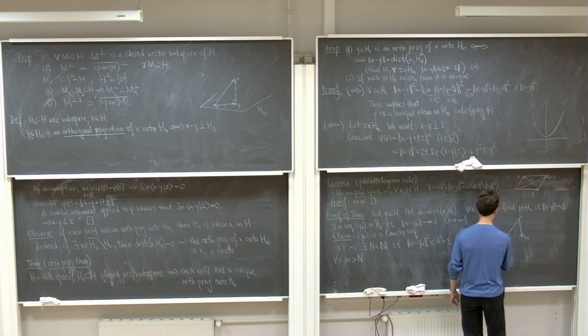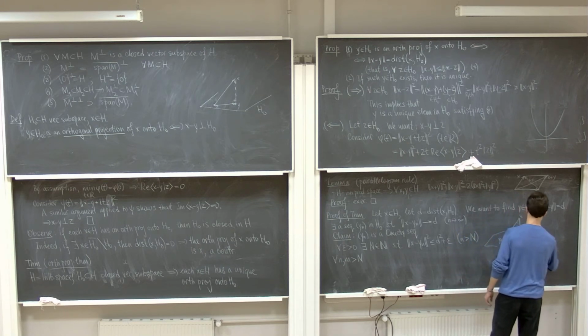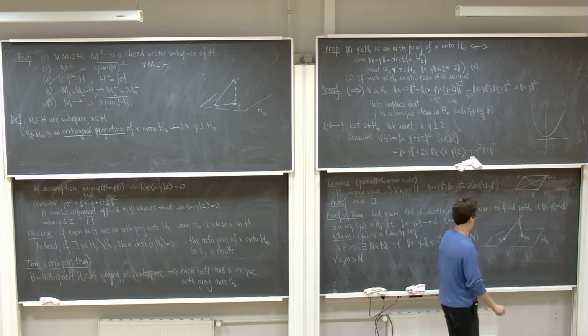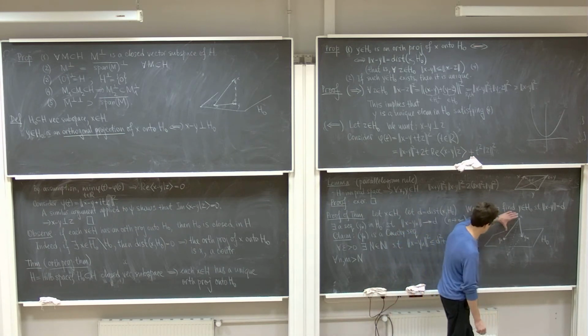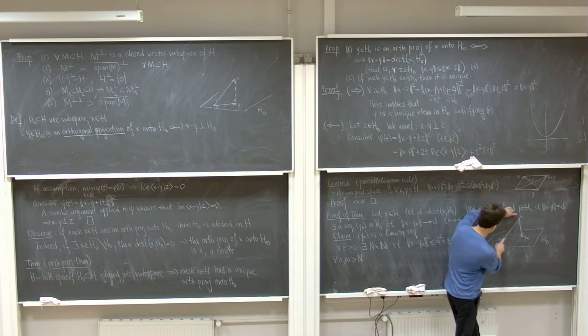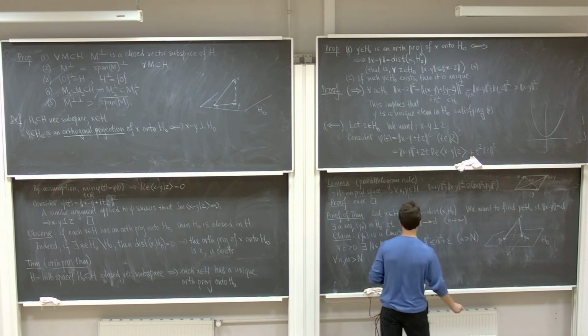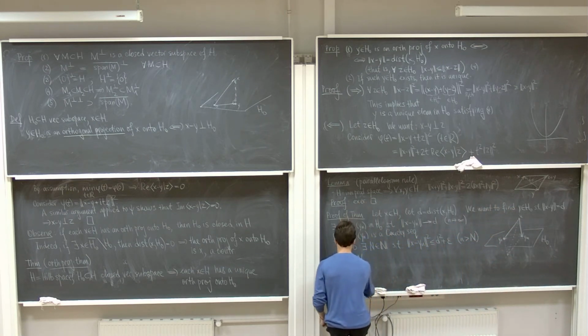And this is H0. So we apply the parallelogram rule to this picture. So the sides of this parallelogram are yn minus x and ym minus x. So we have the following identity.